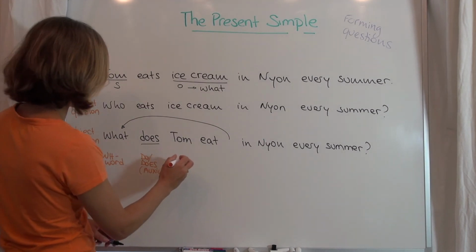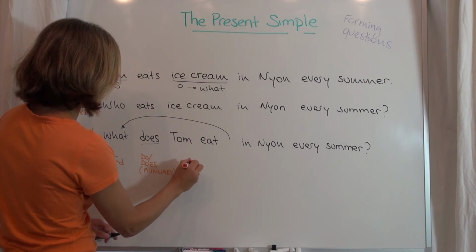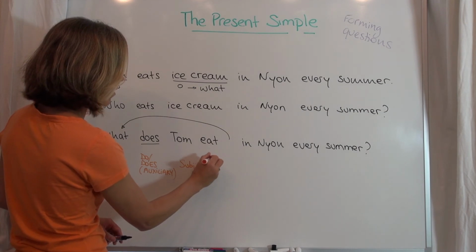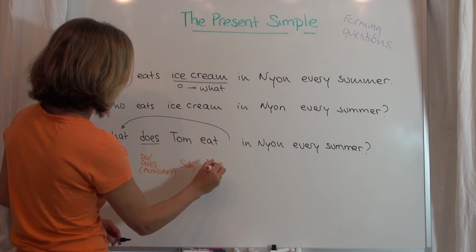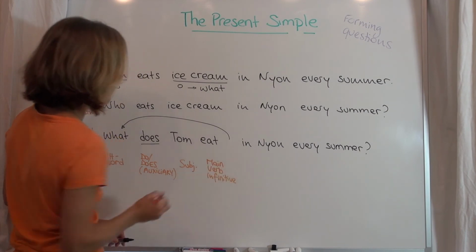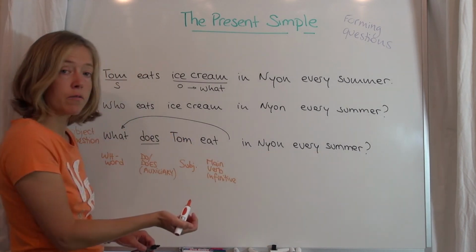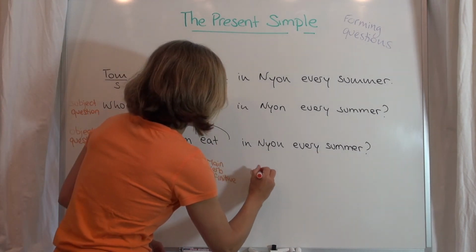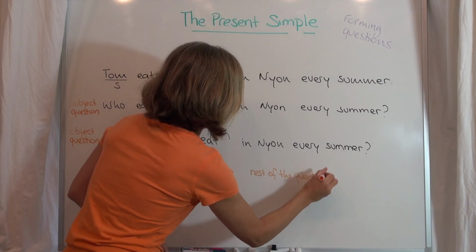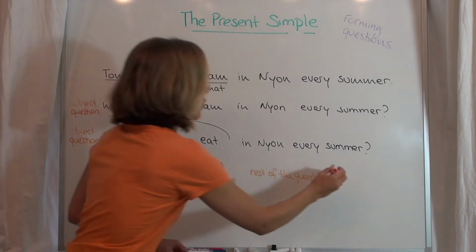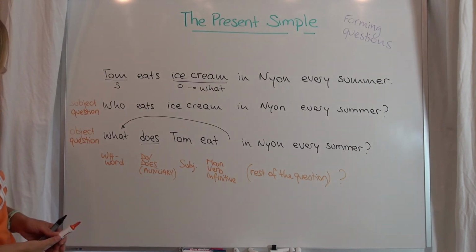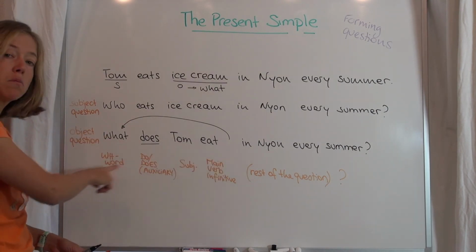Then Tom is the subject. Then eat is the main verb in the infinitive. And then you have the rest of the question. And the question mark. Okay, so it's always the same structure.